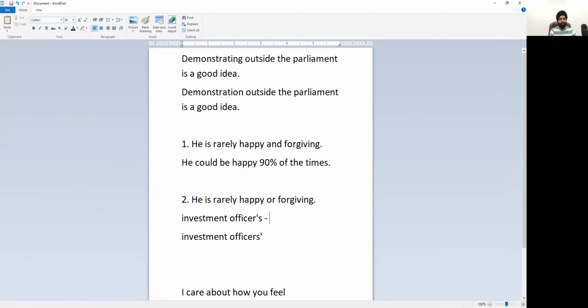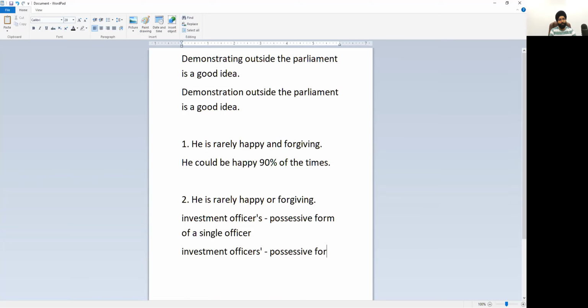This is the possessive form of a single officer. This is a possessive form of multiple officers. So they can refer to investment officers in the second construction, but they definitely cannot refer to investment officer because it's singular here.